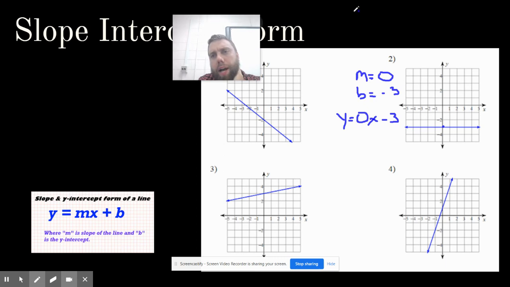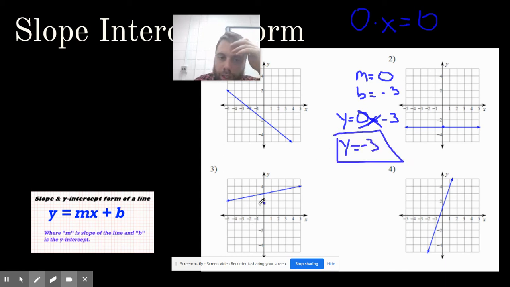But we know 0x is really the same as 0 times x. And when you multiply anything by 0, you get 0. So this ends up canceling out, leaving us just y = -3. Very unique situation.